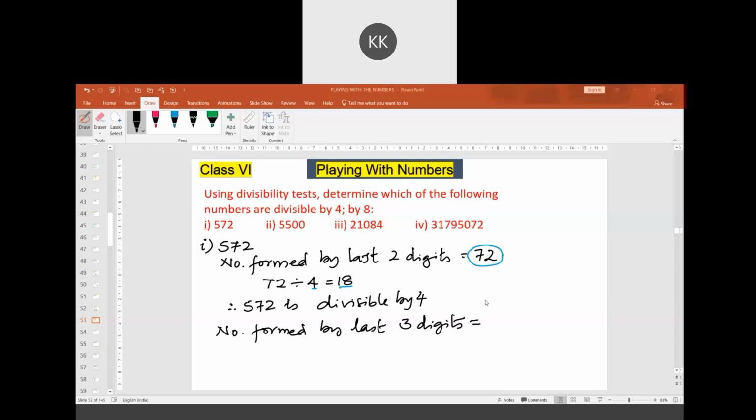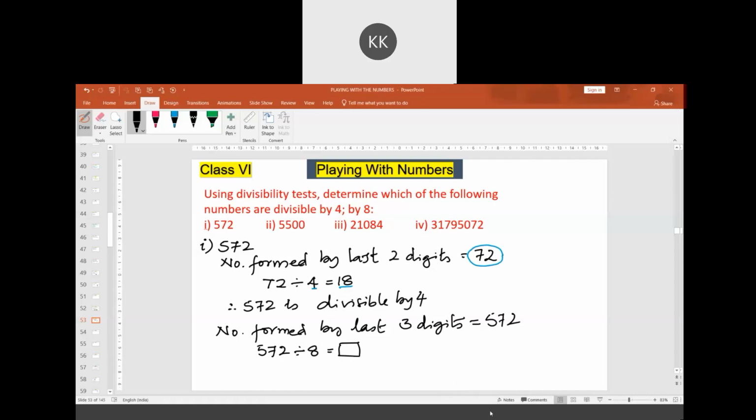The number formed by the last three digits is 572. You can check whether 572 is divisible by 8, and you will come to know that it is not divisible. When you divide 572 by 8, we get a fraction, not an integer.